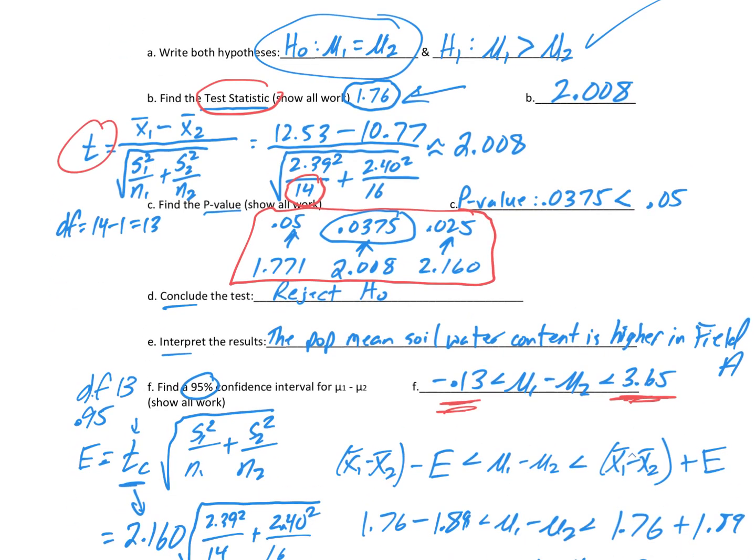You're still going to reject or fail to reject depending if that's less than or greater than. You're going to interpret, and then you're going to find a confidence interval, again, using our T, using our chart, and then the formula that you memorize. That is the first type of question.